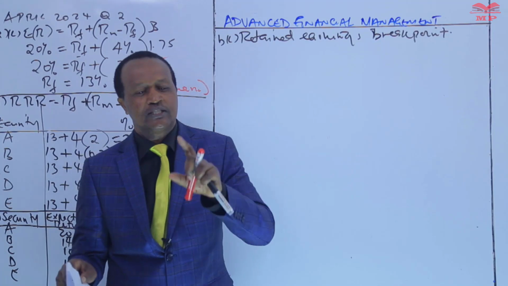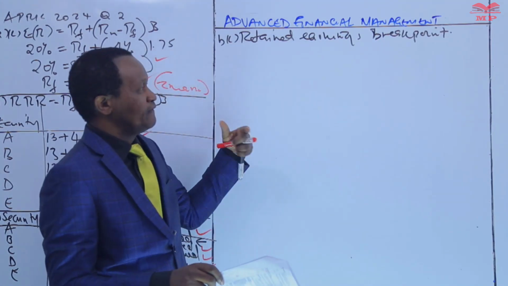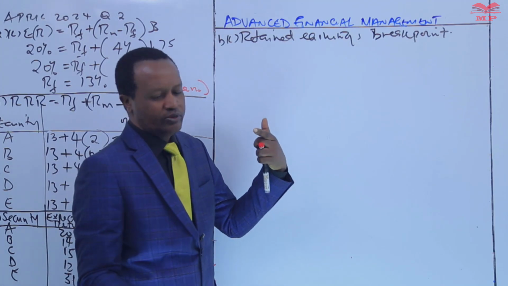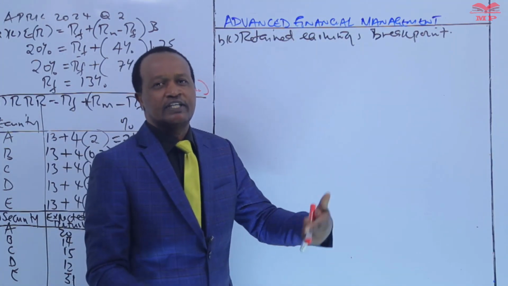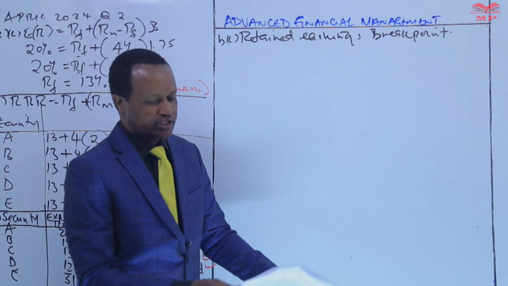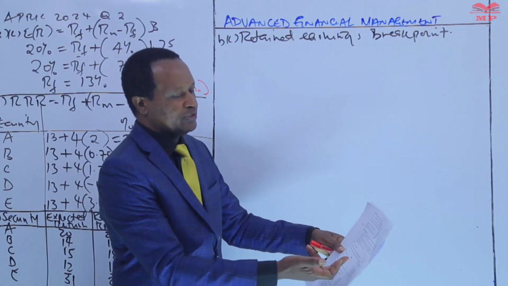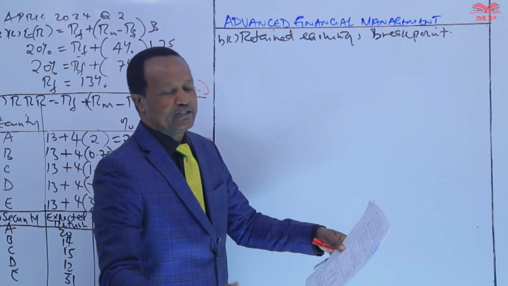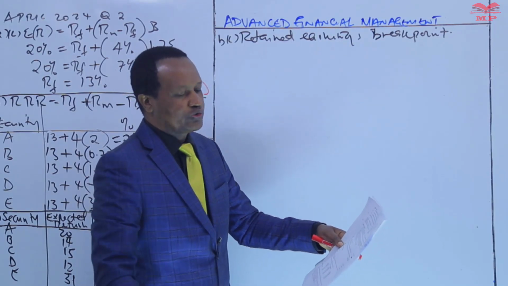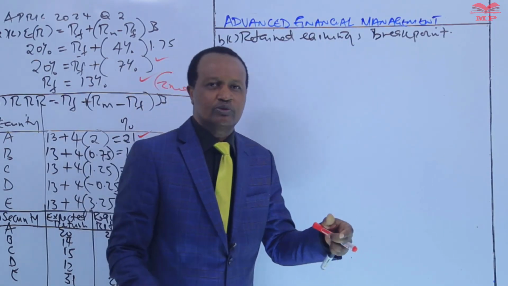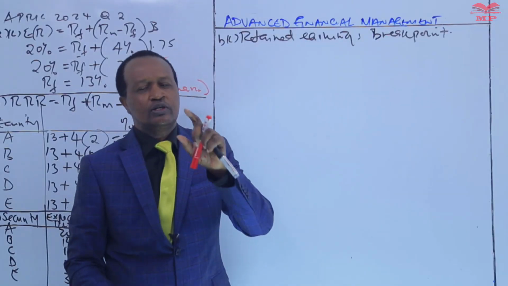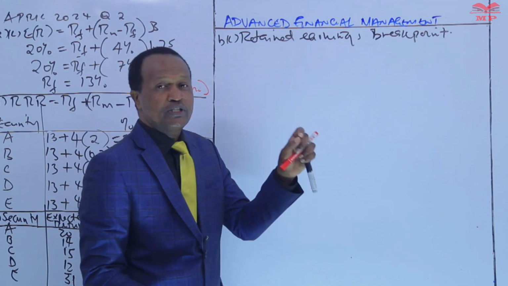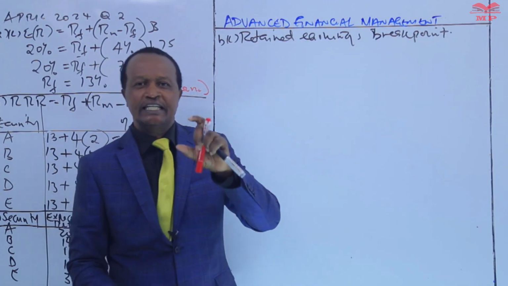So that is why it's important to determine the breakpoint when investing in new projects. That's why we are to calculate the weighted marginal cost of capital, which is the weighted additional cost of capital on projects. So one reason why the breakpoint is important is so that the company can maintain its capital structure.